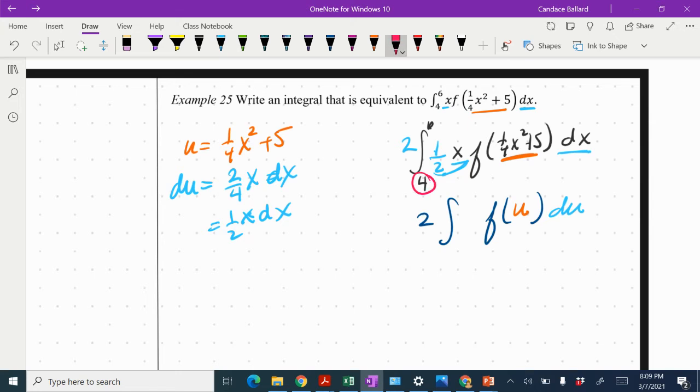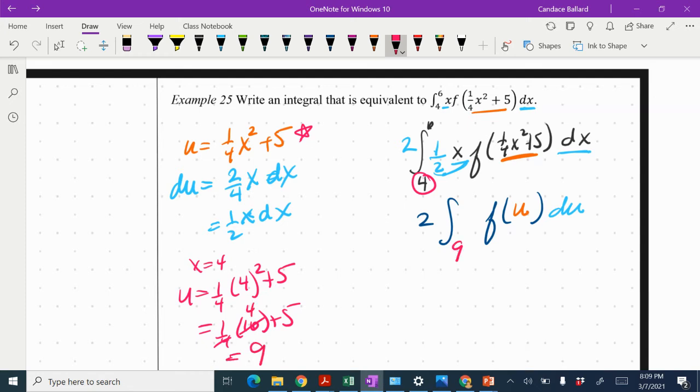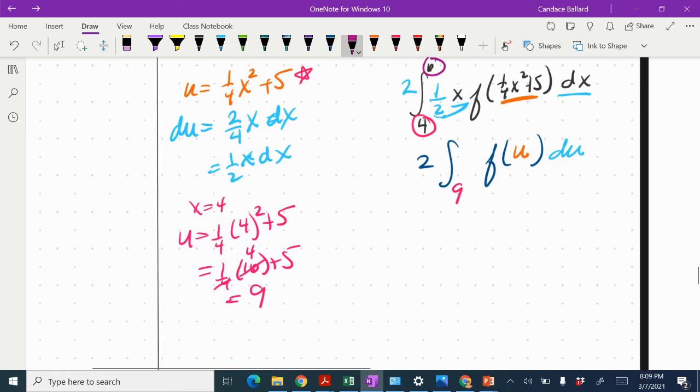Now I need to change my bounds. So let's look at this first bound. I'm going to put it into the u equation. So for x equals 4, I've got u equals 1/4 times 4 squared plus 5. Well, 4 squared is 16. 4 goes into 16 4 times, and 4 plus 5 is 9. So my new lower bound is 9. And then I'm going to go to my upper bound here, which is a 6.